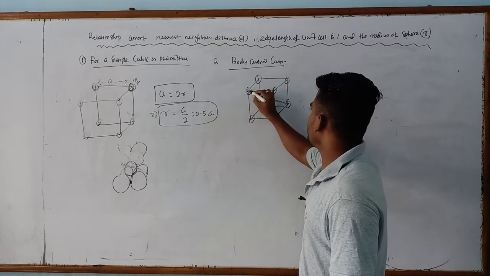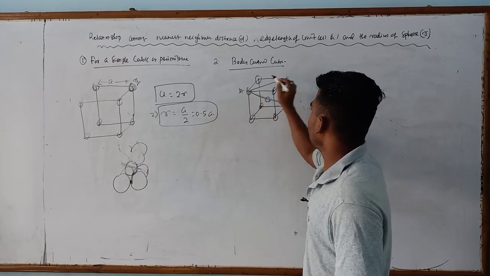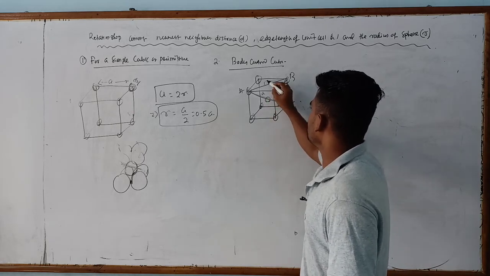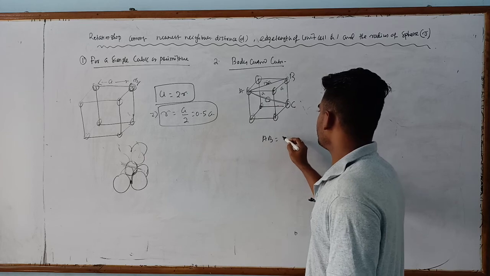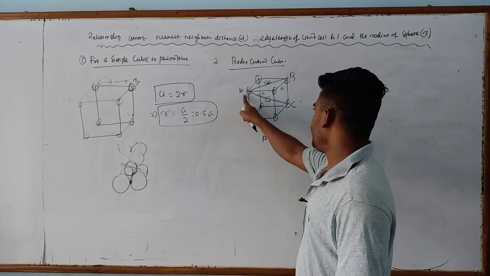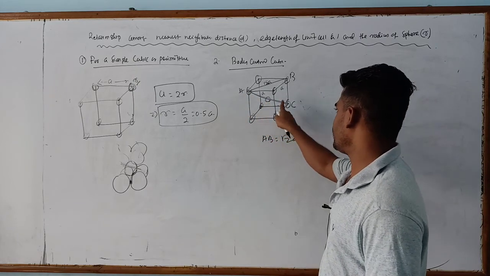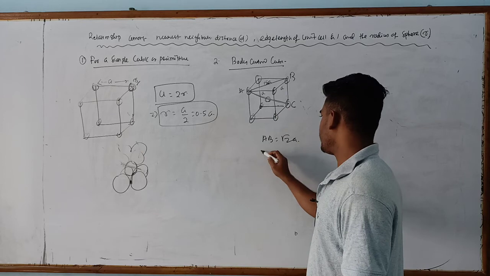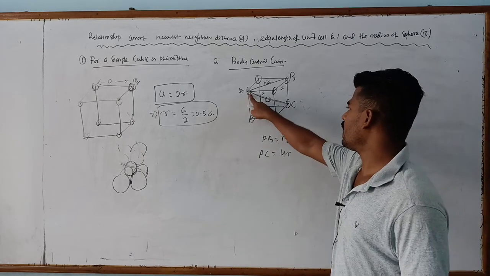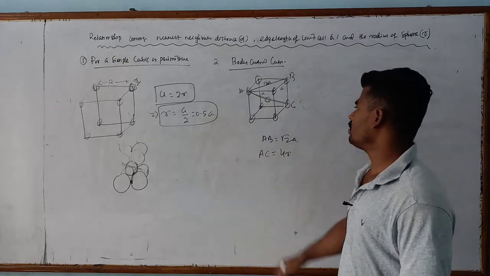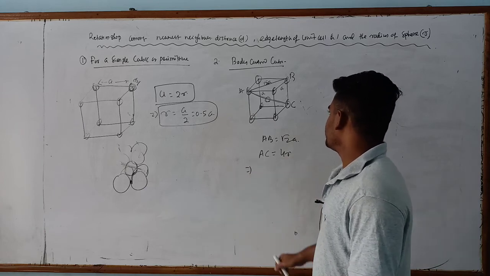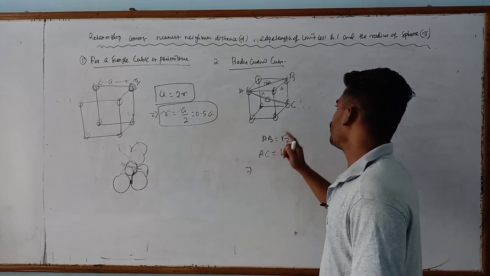So if I join this line, this one is A, B, C. If this one is A and this one is A, then that will be root 2A. That means AB is equal to root 2 into A. Is that clear? Since this sphere, the sphere at the center, and this sphere are connected to each other, I can directly write AC equal to 4R. Here are 2R and R, so that will be 4R. AB is equal to root 2A.